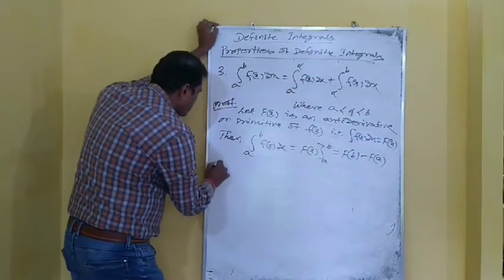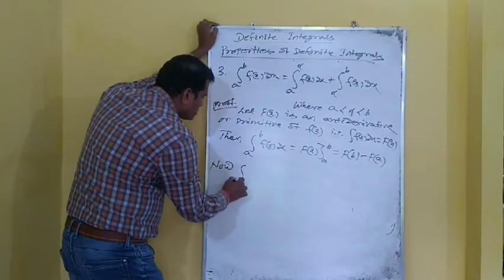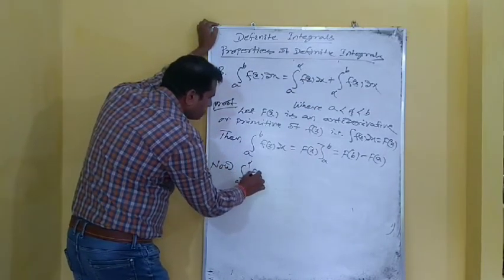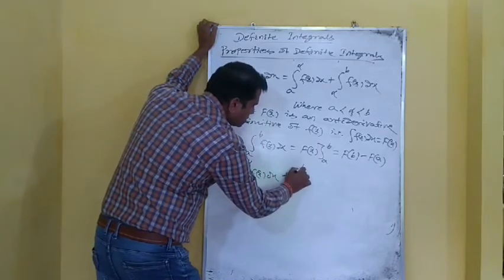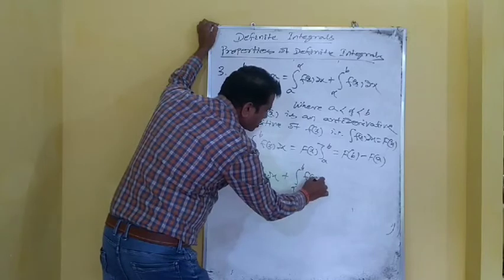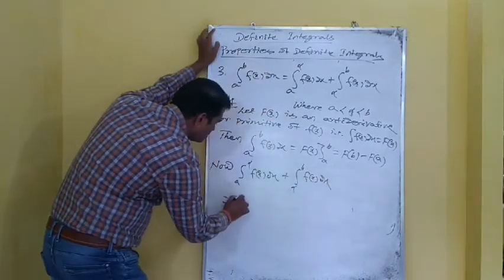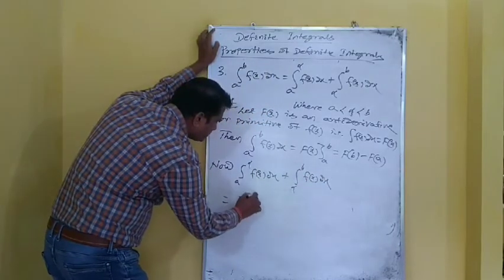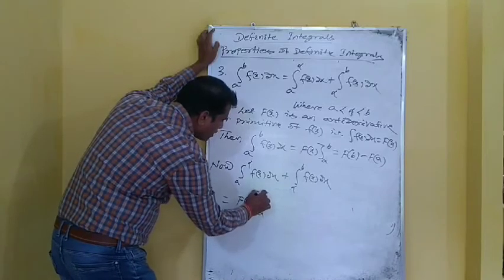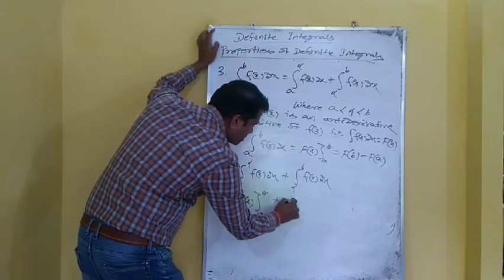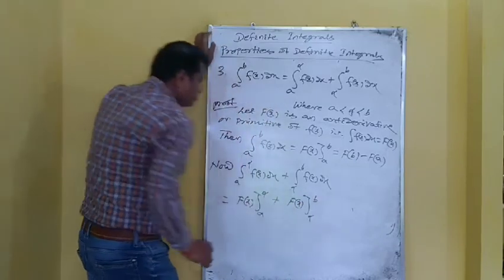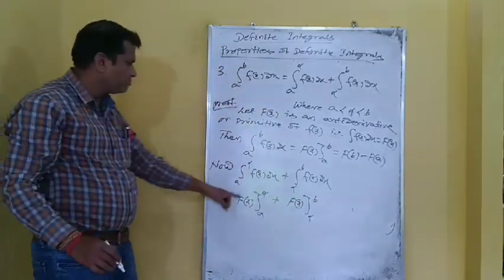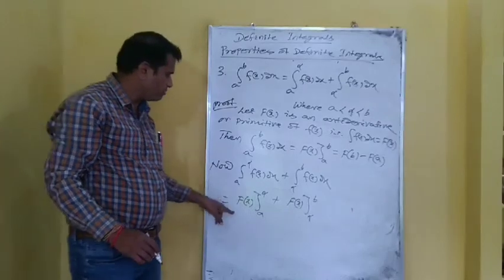Now the integral from a to alpha of f of x dx plus the integral from alpha to b of f of x dx equals capital F of x from a to alpha plus capital F of x from alpha to b. You know the primitive or antiderivative of small f of x is capital F of x.